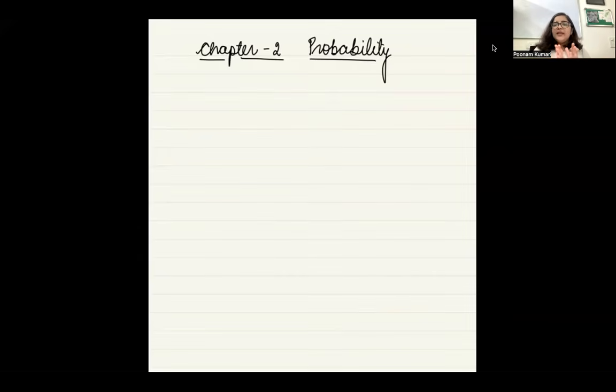Because probability is actually the link which will help us in defining the later concepts that are going to come, which is random variable. Okay. So we need to understand the basic concepts of probability to be able to map from events, sample space and everything to real numbers. Okay. A little bit of probability you must have done in your class 12 at least.